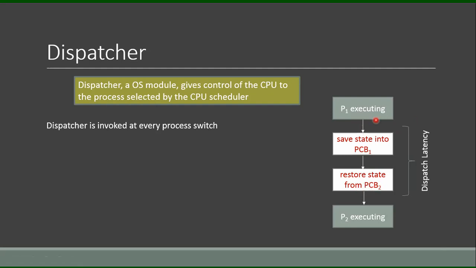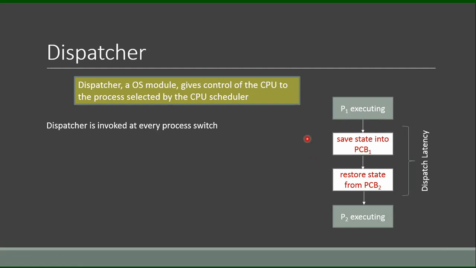Suppose there is a process P1 that was in the execution stage. And during execution, process P1 is blocked because it has made some IO request. So the scheduler has selected another process from the ready queue. Suppose this process is process 2.